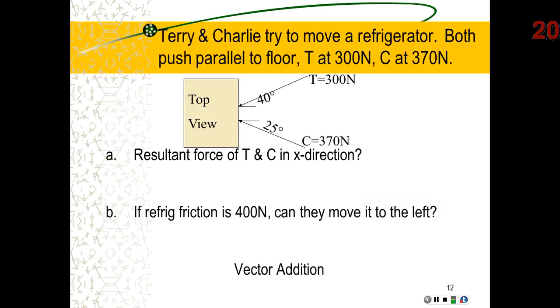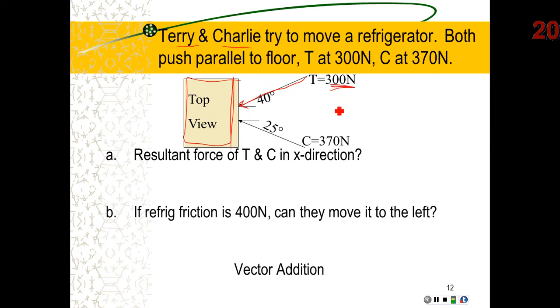An example of an external force would be you've got a couple employees that are trying to move a refrigerator. For example, your employees, Terry and Charlie, are trying to move a refrigerator. You're looking at the refrigerator from the top, so you have a top view. You see that Terry walks up to the refrigerator and is pushing at a force of 300 newtons.